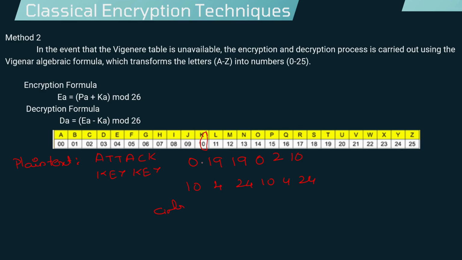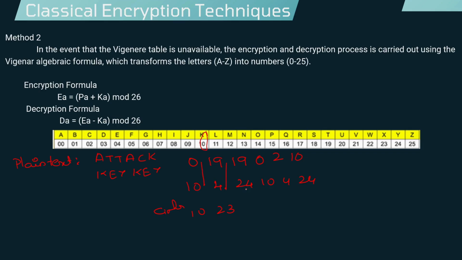So the ciphertext is 10, 19 plus 4. So like this we need to add both the plain text value and the key's value to get the ciphertext of the plain text which we are working on.